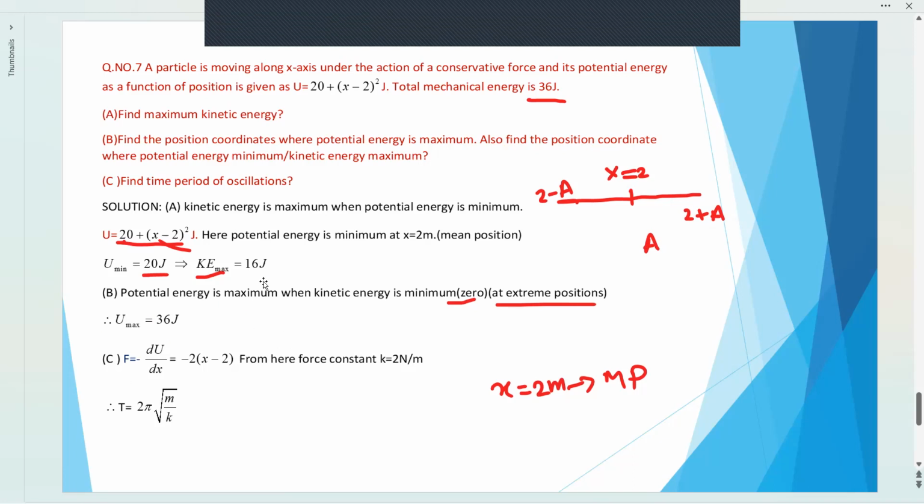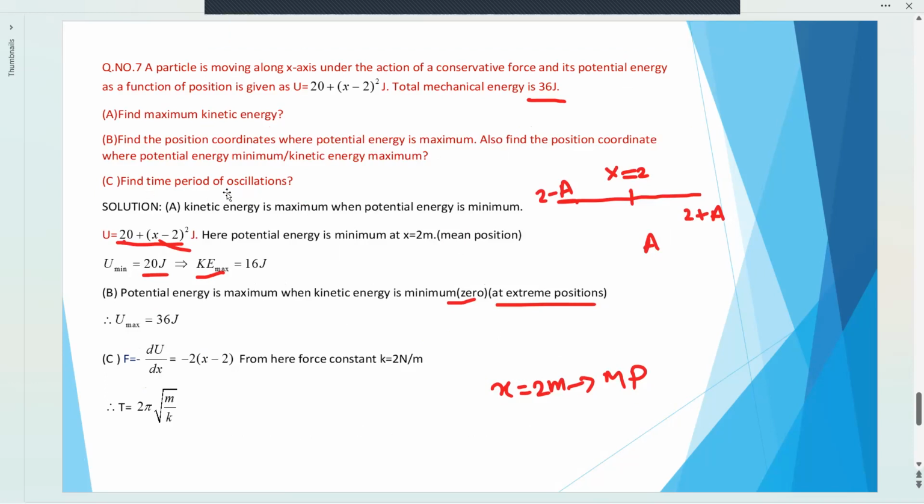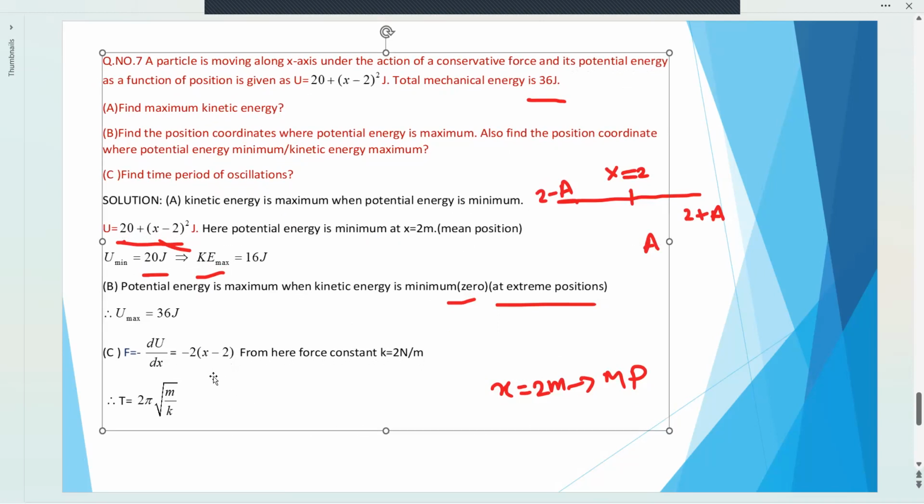Find the time period of oscillations. To find the time period, we find the force F equal to minus dU by dx. Then see what we get: minus 2 into (x minus 2). This is of the form some k into x, so in the place of k it is now 2.